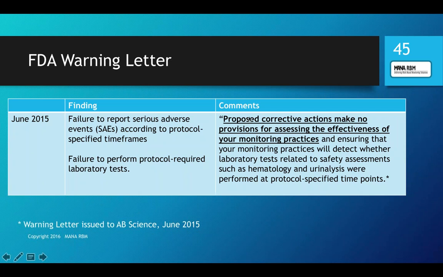The comments were that the proposed corrective actions make no provisions for assessing the effectiveness of your monitoring practice. So that's why it isn't enough to just identify the issue and do whatever corrective action you need; you need to document how you assured yourself that the corrective action worked. That's why those three are grouped together, and why you need to think about each of those steps once you've identified an issue.